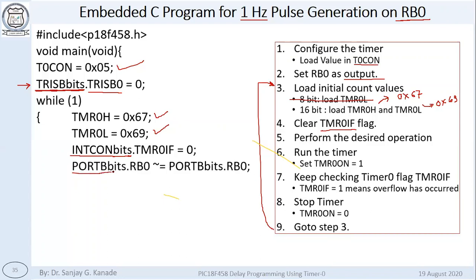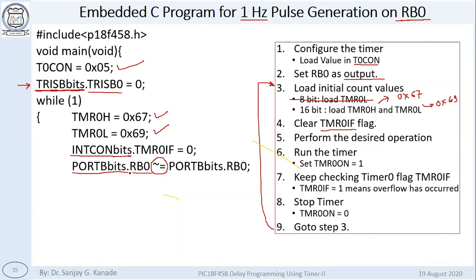PORTB bits dot RB0 equals tilde PORTB bits dot RB0. What I have done is just complemented this bit. The NOT operation we have used here, right? So if this bit was initially 1, it will now become 0. If this bit was initially 0, it will now become 1.